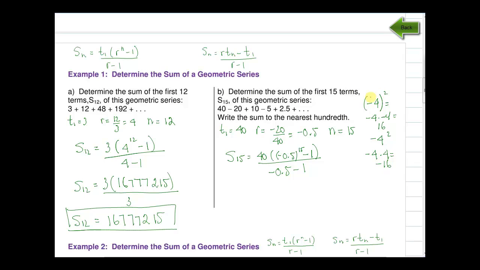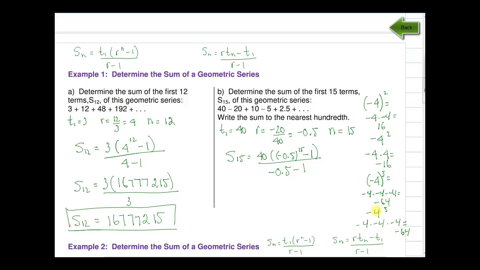Now, we can take this and raise it to the third power, and this would mean negative 4 times negative 4 times negative 4, which is negative 64, and compare that to negative 4 to the third power, where we go negative 4 times negative 4 times negative 4, and that would give you negative 64 also.